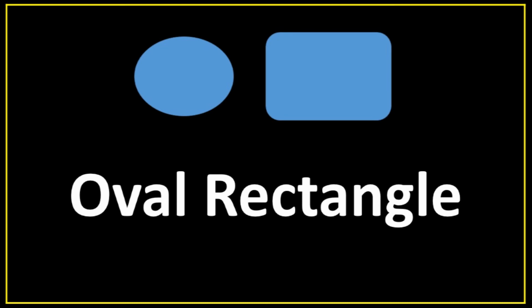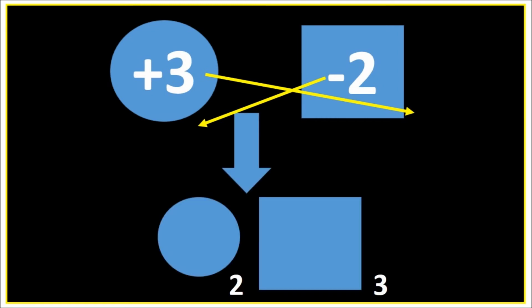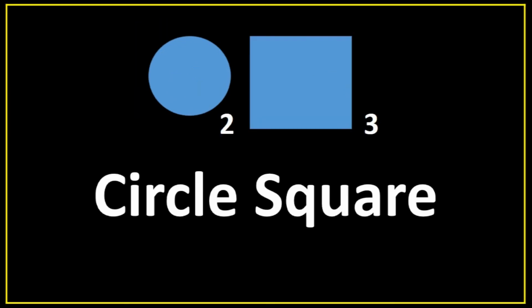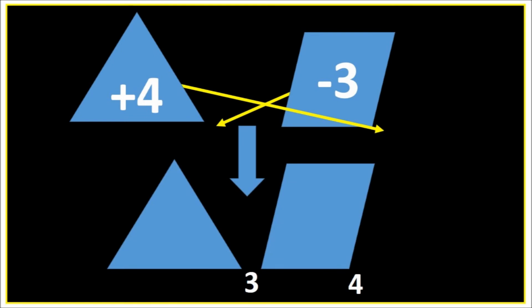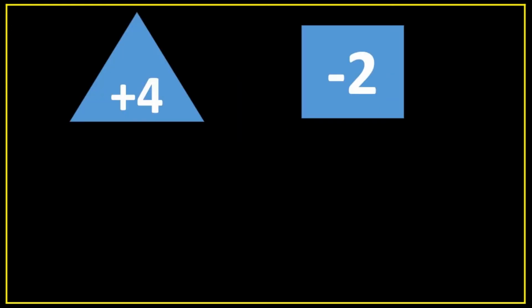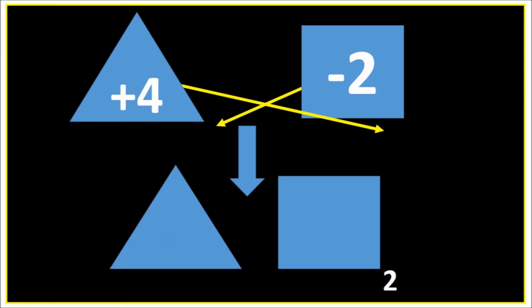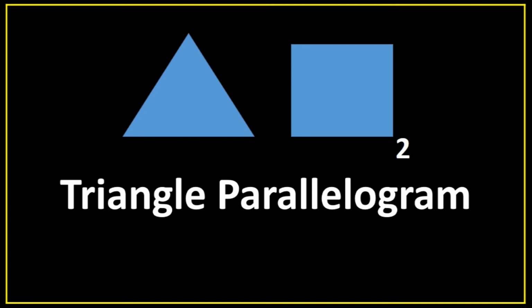Now, another example would be a circle called +3, and then a square -2. We're exchanging the charges and coming up with compound circle square. Here's a triangle parallelogram, exchanging the charges for the combination ratio, and triangle parallelogram, etc. So I'll let this run, see if you can figure out what the formula and the name of the formulas are before we quit.